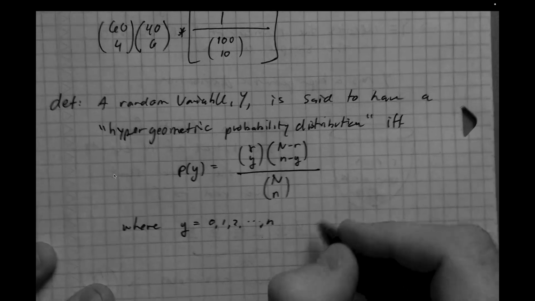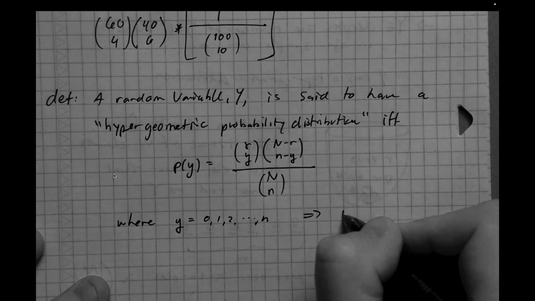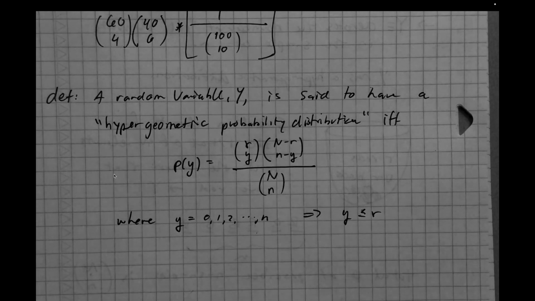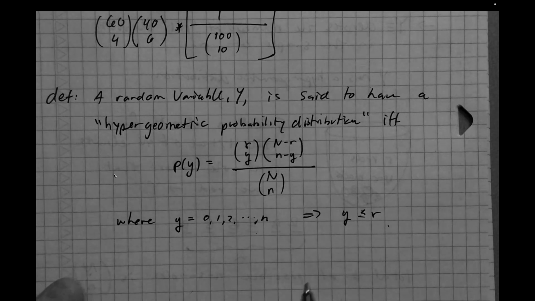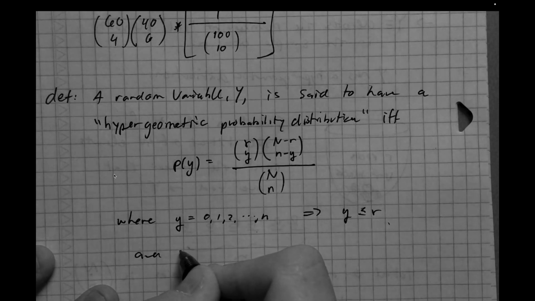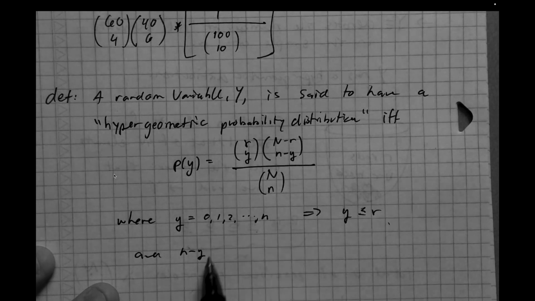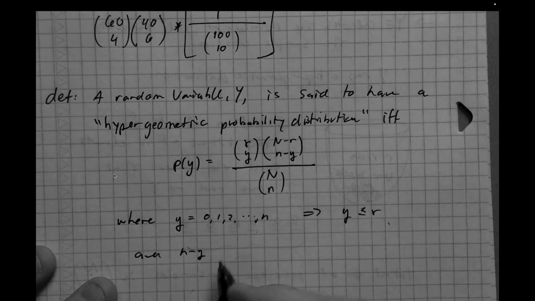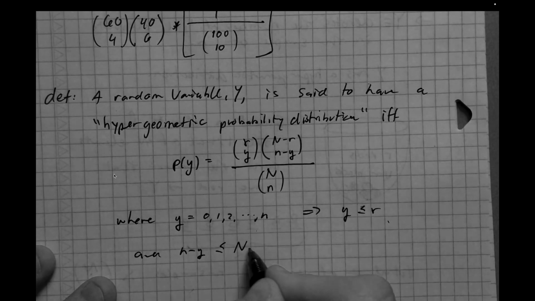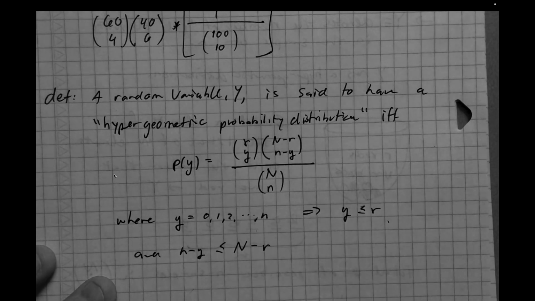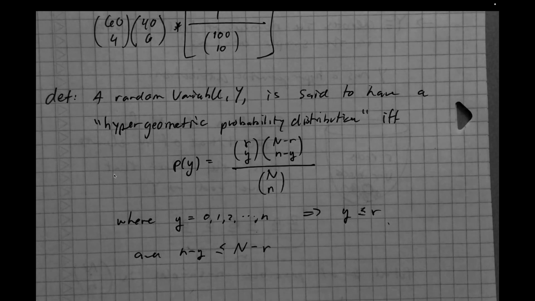Also, Y must be less than or equal to the total number of successes in the population, so Y is less than or equal to R, and also n minus Y, the number of failures in the sample, has to be less than or equal to the number of failures in the population.